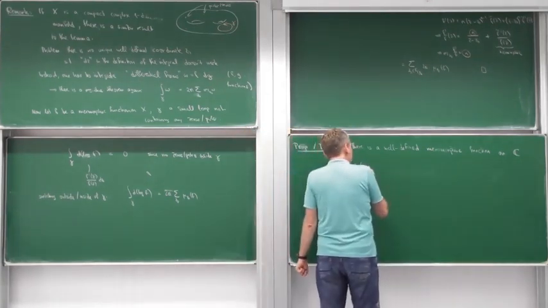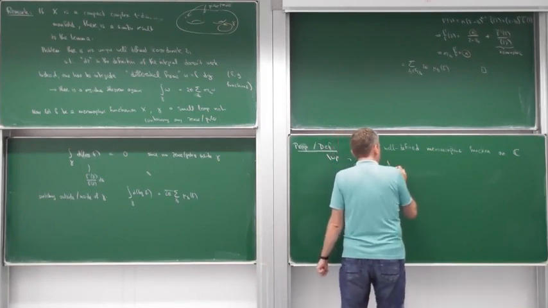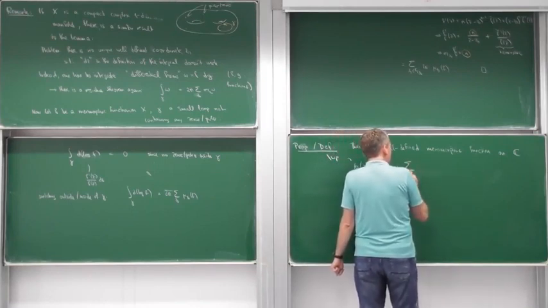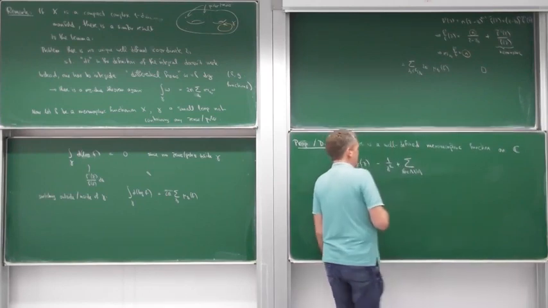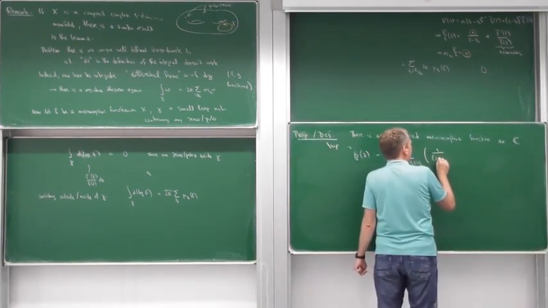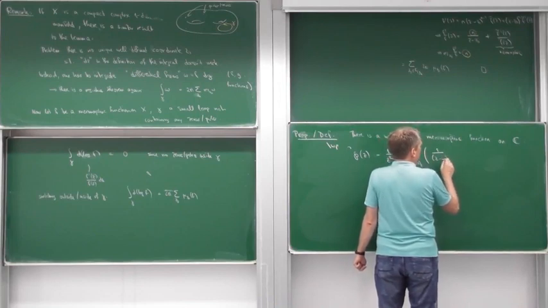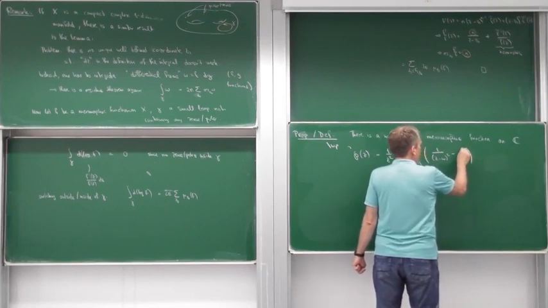And it is the following. So P of z is defined to be 1 over z squared plus, and then you sum over all lattice points omega in lambda, without 0. And then you form the following expression: 1 over (z minus omega) squared minus 1 over omega squared.